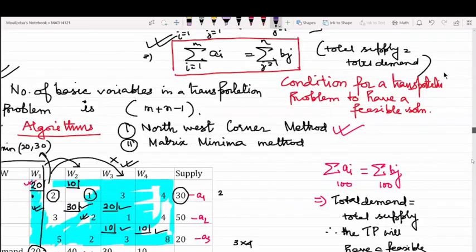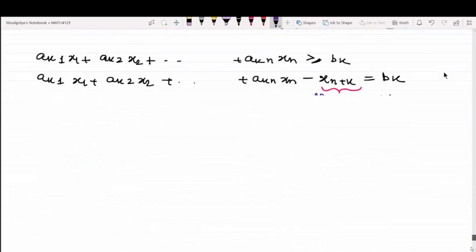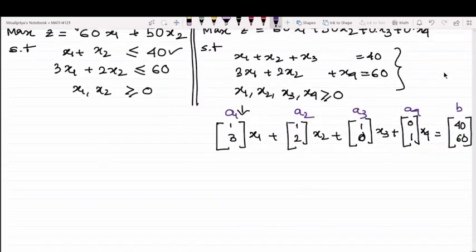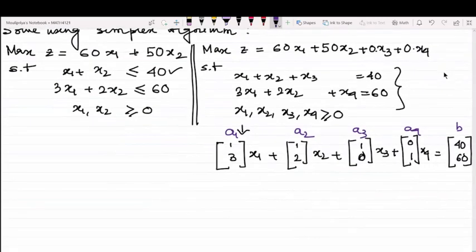Now, if I get back to today's part, we have plenty of choices for choosing our basic variables. But if I try to reduce our calculation at the very beginning, we find that A3 and A4 make the identity matrix of order 2 cross 2.